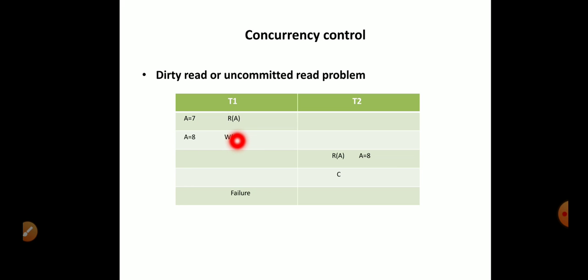Now the value will change back. So here the problem is that T2 has read the value of A without the commit of transaction T1. So you call this problem the dirty read or uncommitted read problem. A dirty read is the situation when a transaction reads data that has not yet been committed.